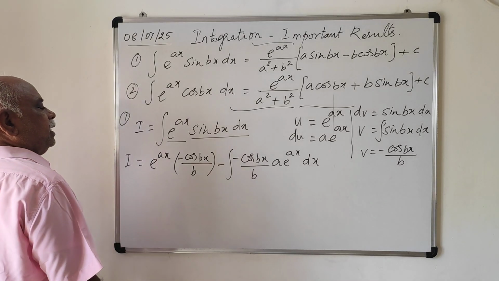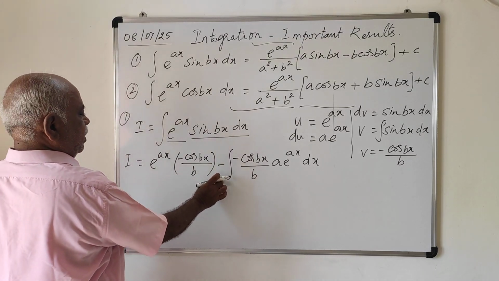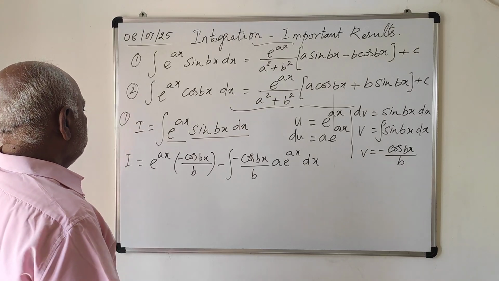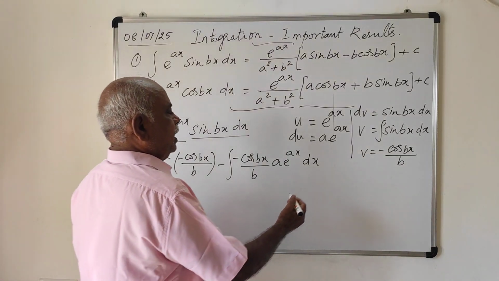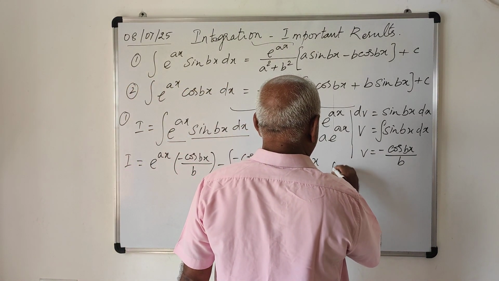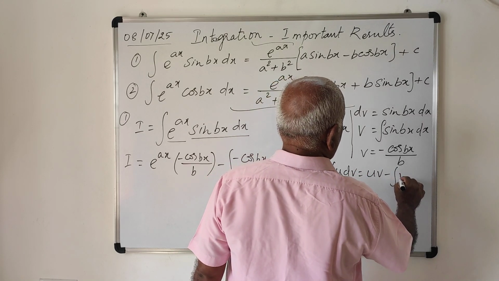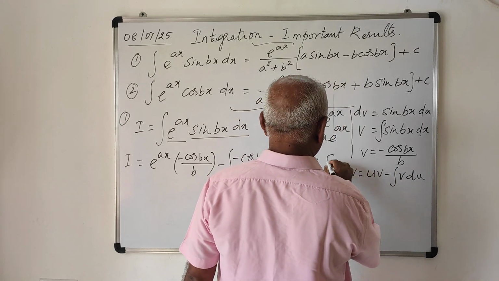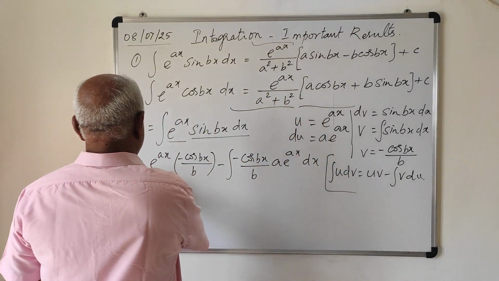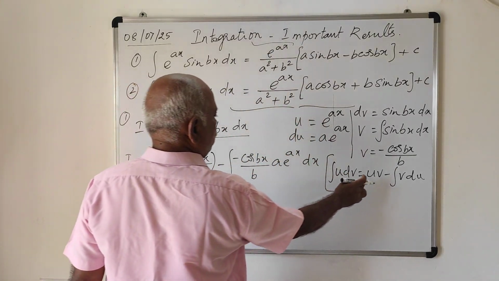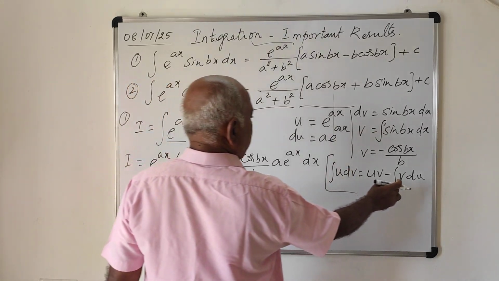That is the formula: integration by parts is uv minus integral v du. You remember, integral u dv equals uv minus integral v du. You use this result.